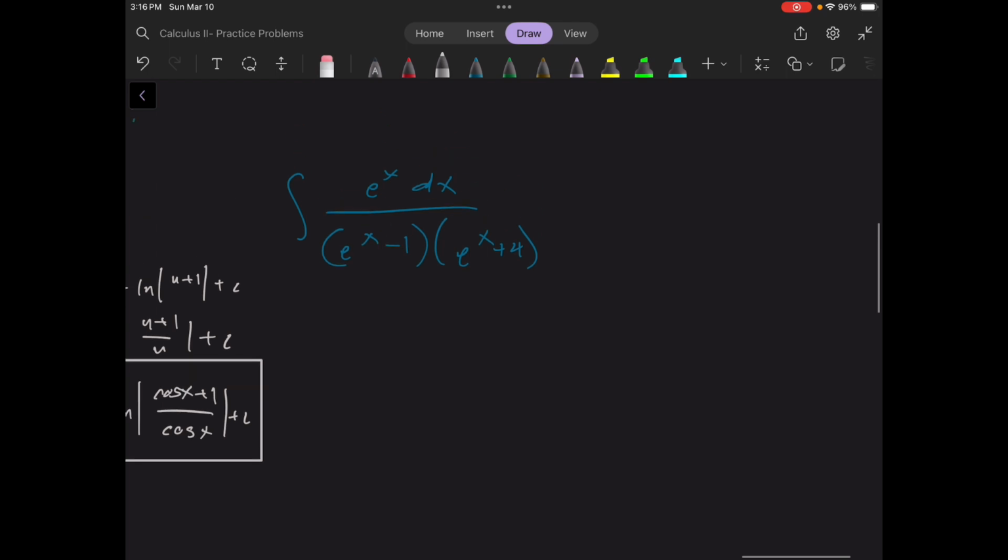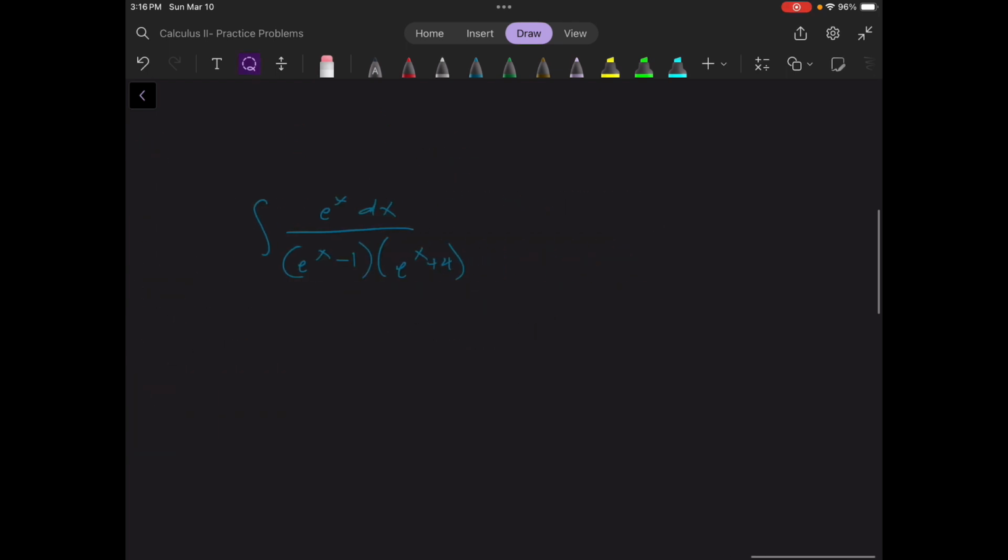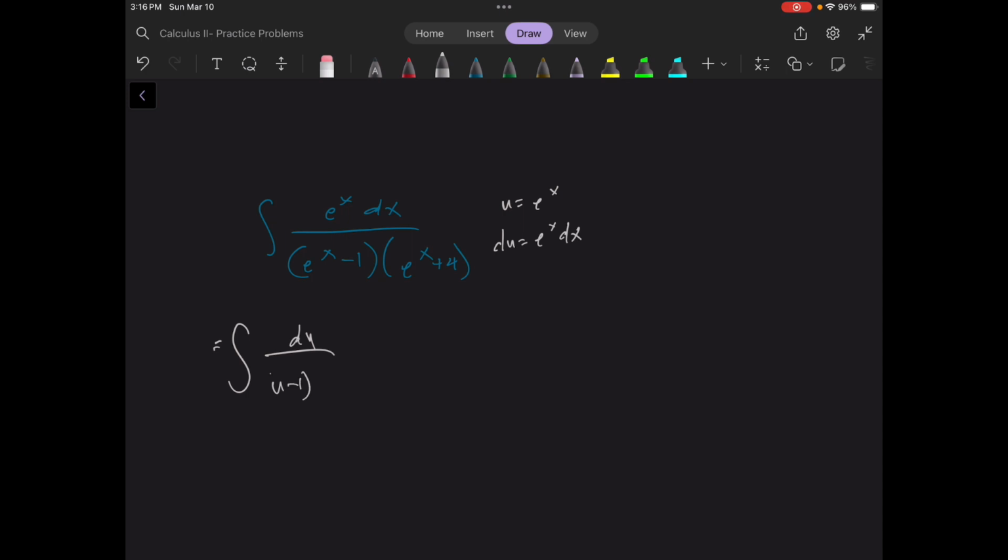Finally, we have this one, just an exponential one. But if we make the sub for e to the x, du is just e to the x dx. Good thing we have that there, because now we can rewrite this as du over u minus 1, u plus 4.